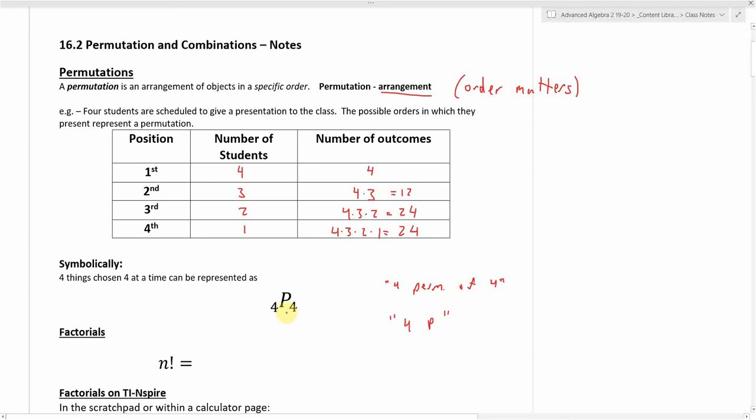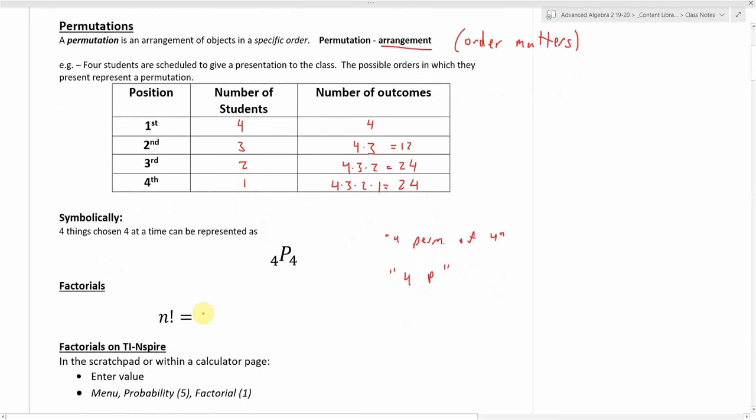Quickly, we have to interject something before we learn how to compute permutations. We have to interject on factorials. We've mentioned factorials, maybe briefly in the past, but the idea of a factorial is if we have n factorial, this exclamation point represents the factorial operation, and it means take whatever that integer is, multiply it by 1 less than that integer, multiply it by 1 less than that, and just keep decreasing by 1 until we get all the way down to 3 times 2 times 1 at the end.